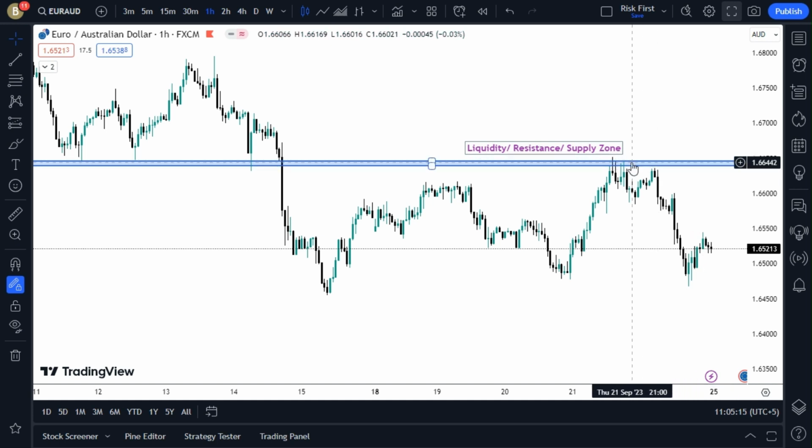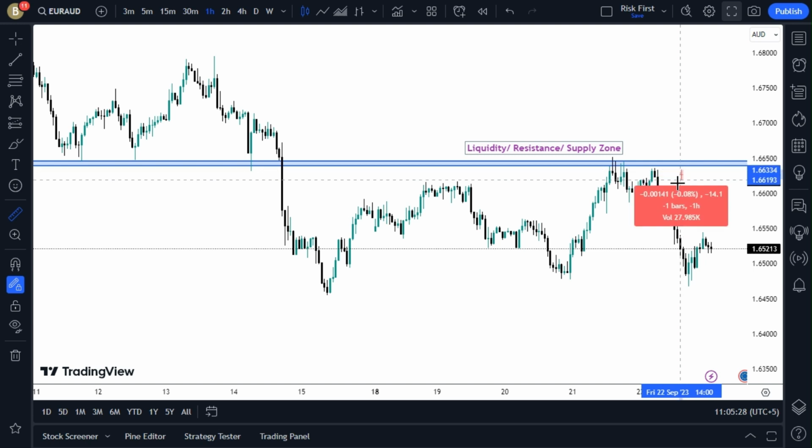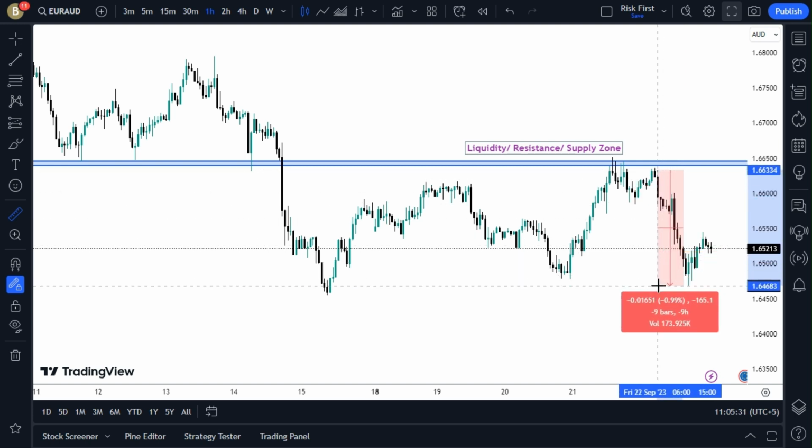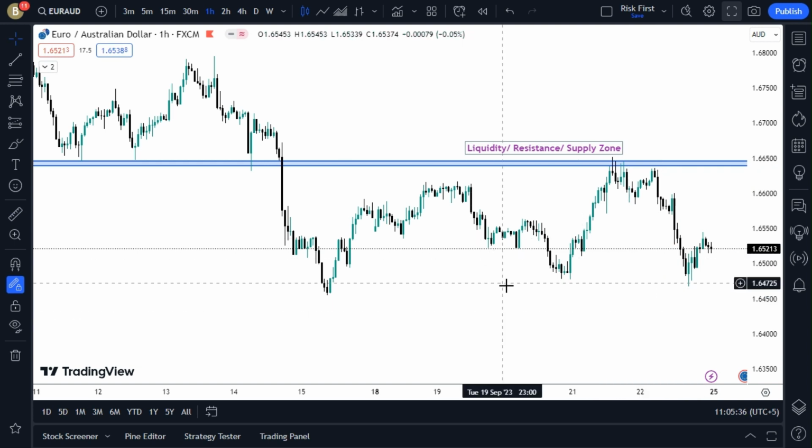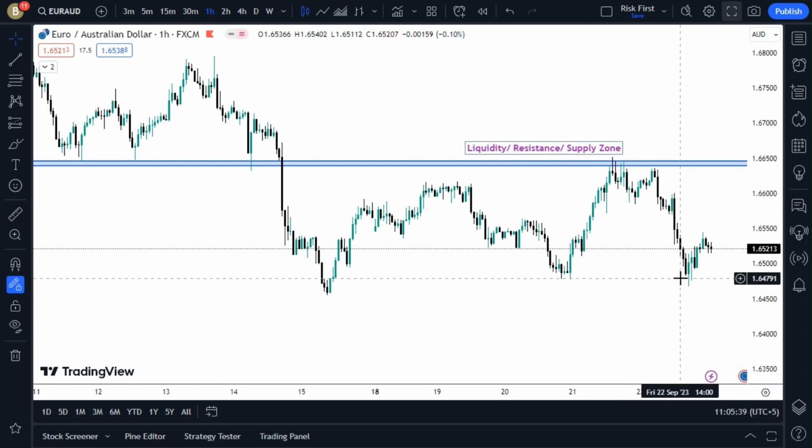Once price breaks from key resistance zone or supply zone, normally the push is strong. It just moved here and you have witnessed a 150 pips move. Now, in a single week, if you simply make one trade of 150 pips according to your account size, that is a huge move.